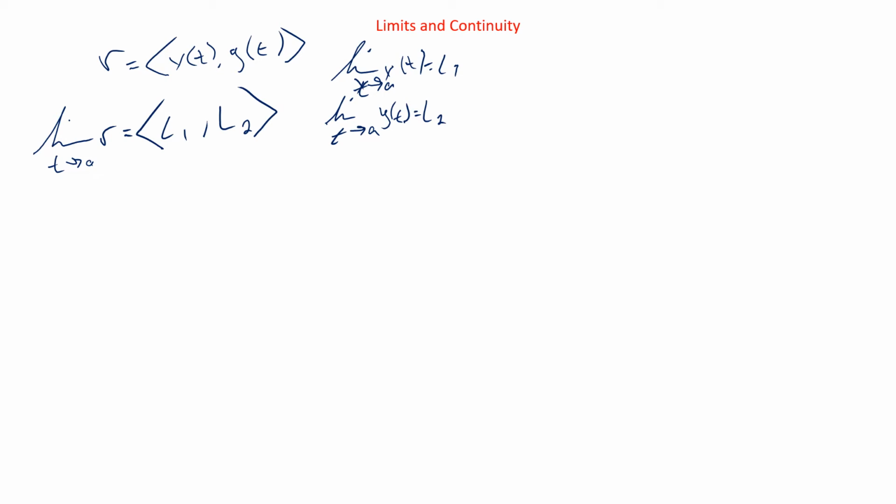So we just find the limit of each of them individually.